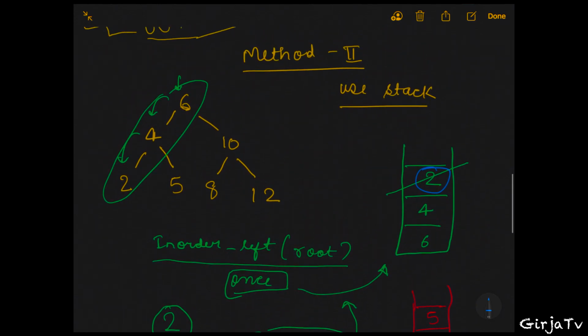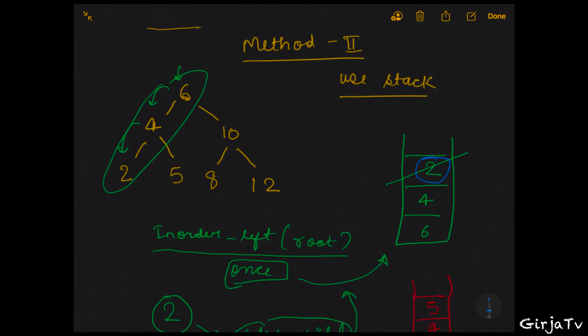Let me just go over it again. What we are doing is using a stack. The very first time, we traverse our tree and store all the left part in the stack.